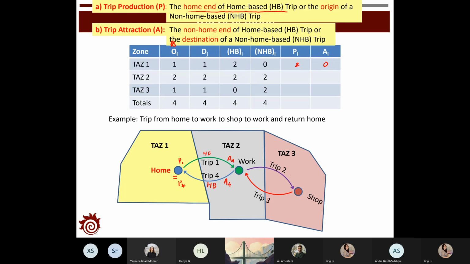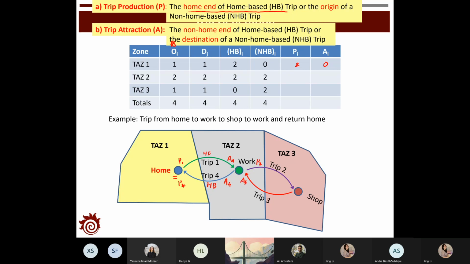For trip 2 and trip 3, both are non-home-based trips. For a non-home-based trip, the origin is the production. Zone 2 is the production for trip 2, and zone 2 is also the origin of trip 3. Trip 3 is a non-home-based trip, so it's an attraction.